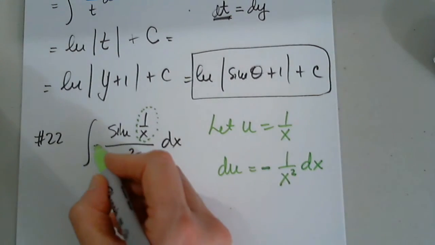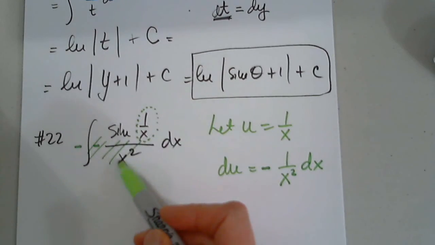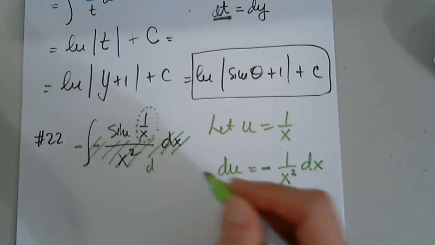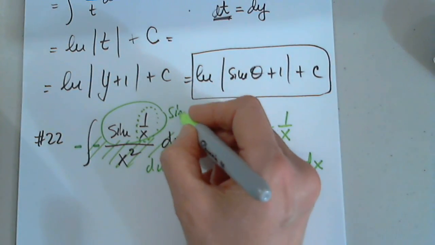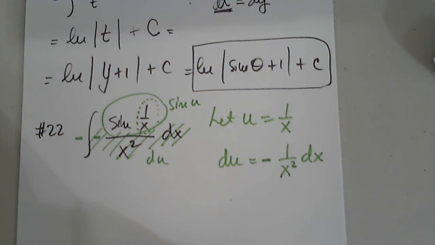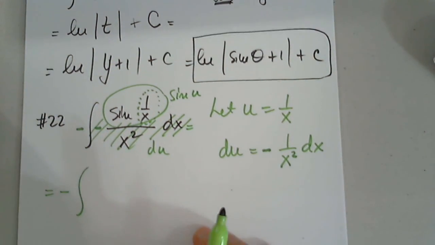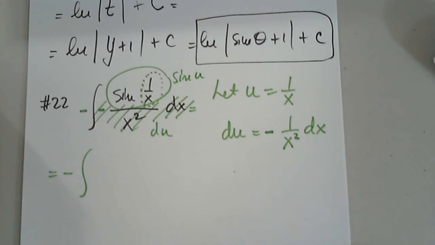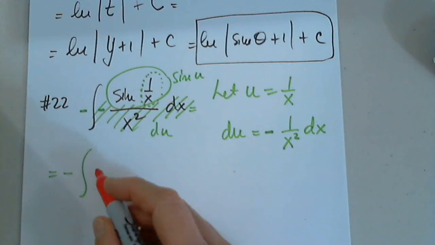So now I'm asking myself, do I have this in the problem? Of course I do. It just needs a minor change, multiplying by -1 twice. And now all this is du. All this is sine u. So I have negative in front. Can anyone tell us what to write next? Negative sine u.